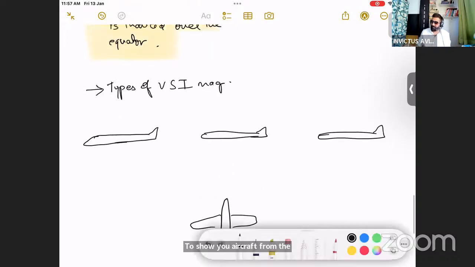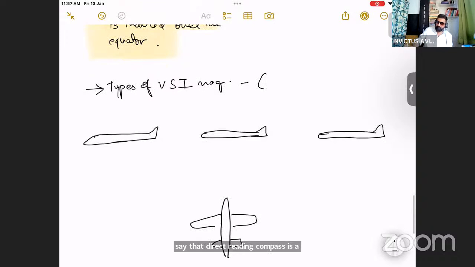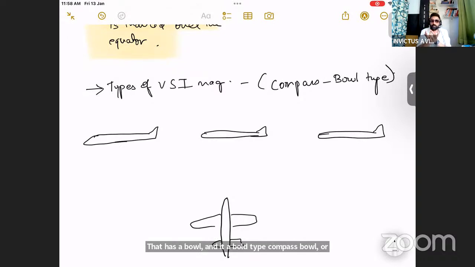Okay. So the compass that we are talking about, okay, we can say that direct reading compass is a compass that has a bowl in it, a bowl type compass. A compass that we use also has a bowl.